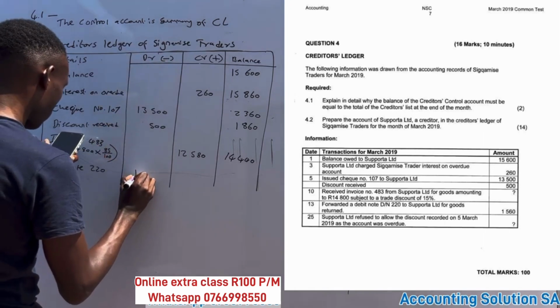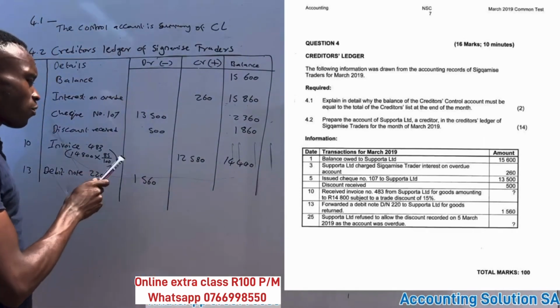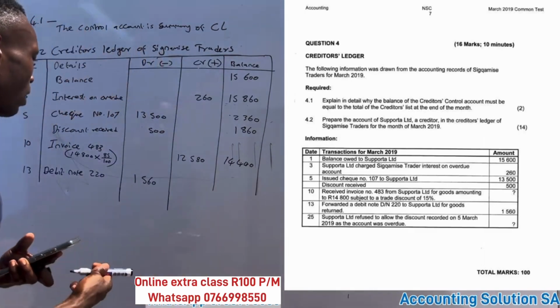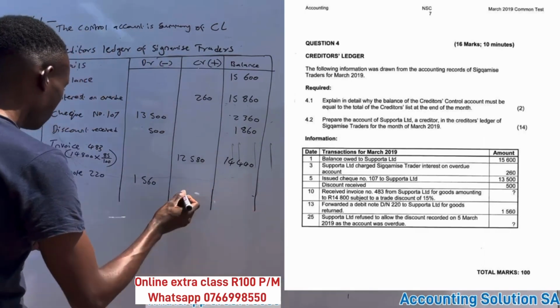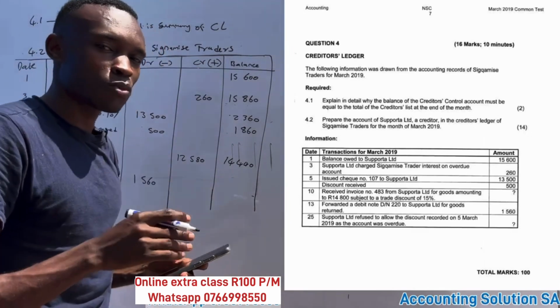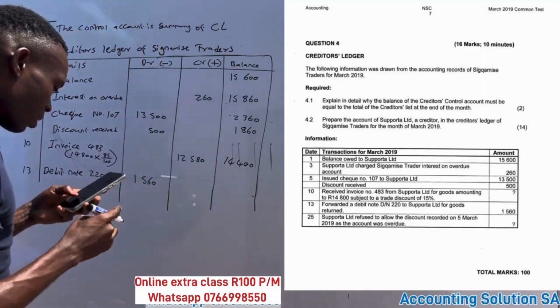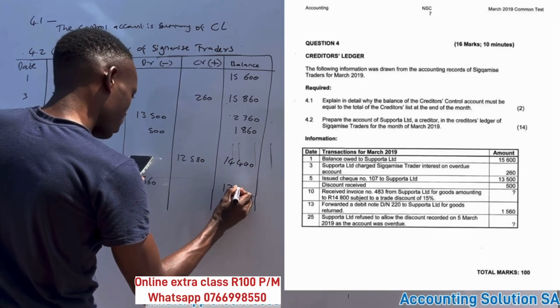It's going to give us an amount of 1,560. After that we need to calculate the balance. A debit note, obviously guys, is reducing what? A liability. We can't pay for something that we have returned. Then it's going to give us an amount of 12,808.